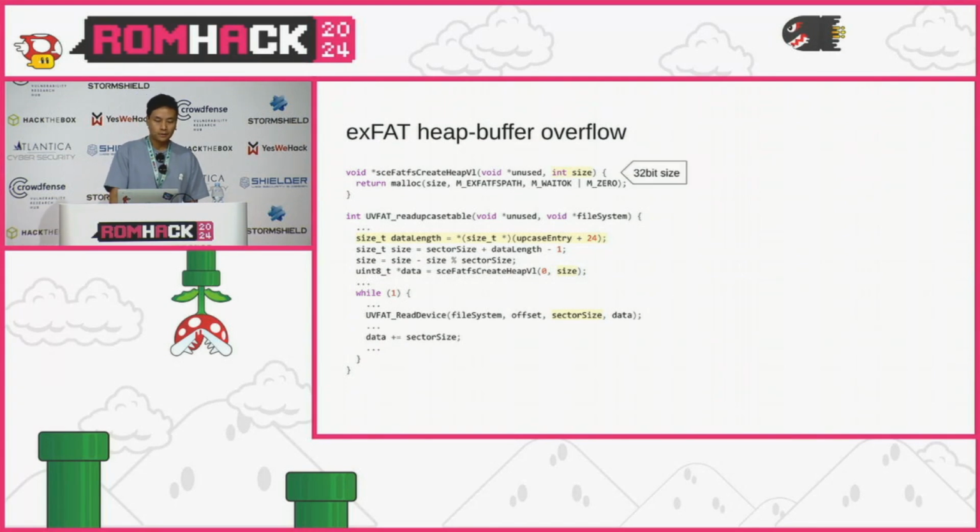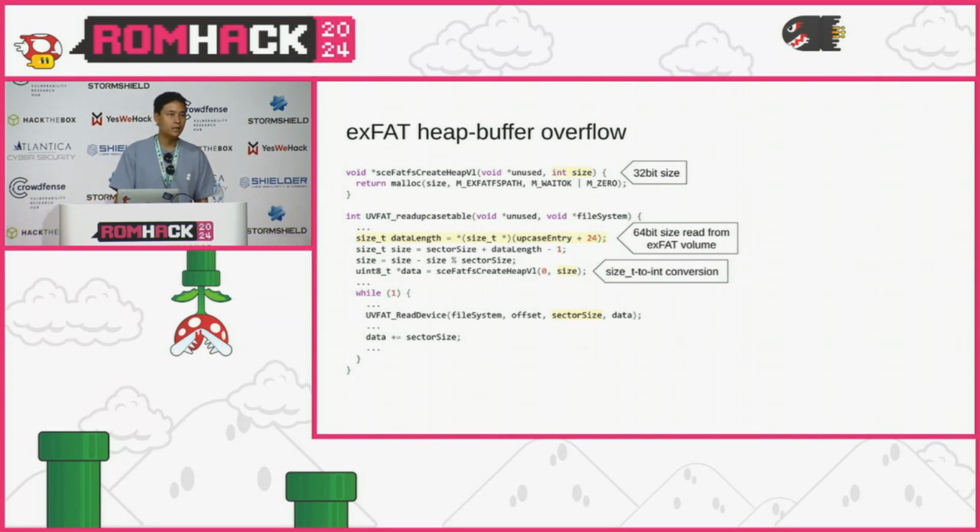In this code here, there's a function that creates a heap allocation, and it uses a 32-bit size. And there's another function that reads in the upcase table from the exFAT file system. So namely, it reads a 64-bit field, and it passes it to the create heap function. And so that's basically a size_t to int truncation.